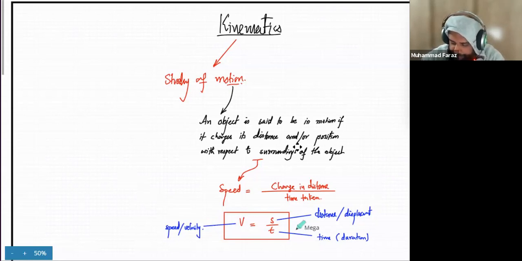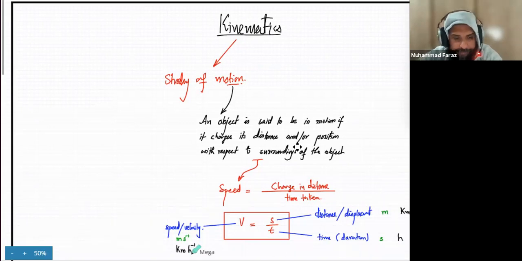The units are very important as well. Distance should be in meters, time should be in seconds, then speed will be in meters per second. And if distance is in kilometers, sorry, time is in hours, then speed is in kilometers per hour.